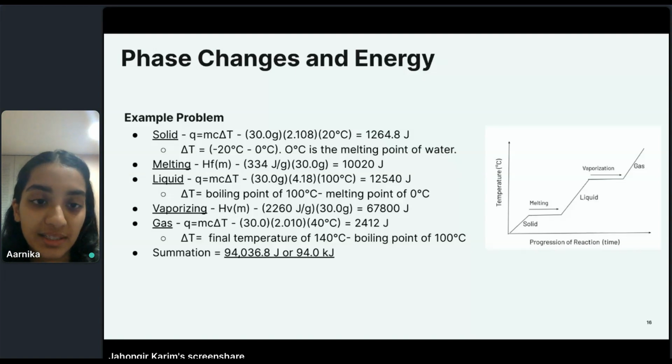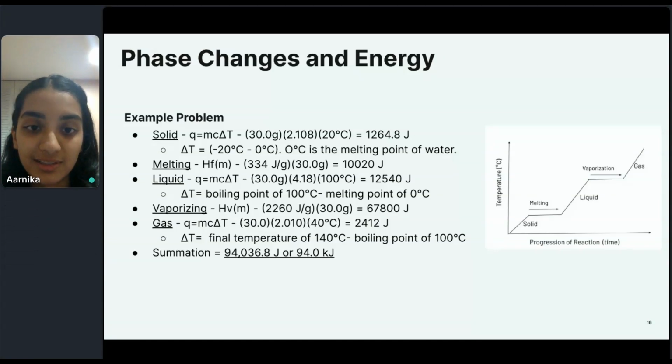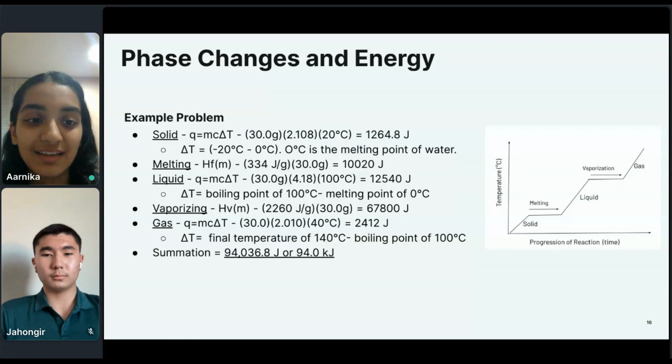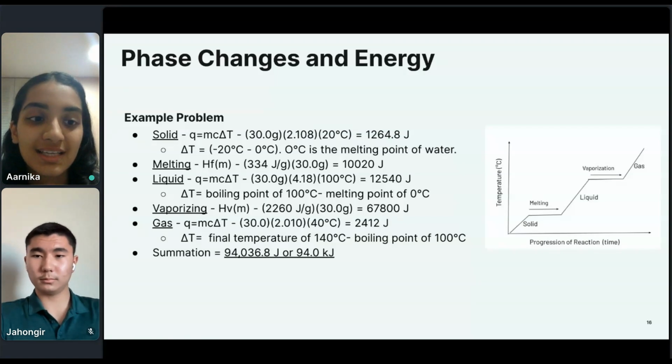I got that by doing negative 20 degrees Celsius minus 0 degrees Celsius, and 0 degrees Celsius is the melting point of water. After you multiply those all together, you get 1,264.8 joules.